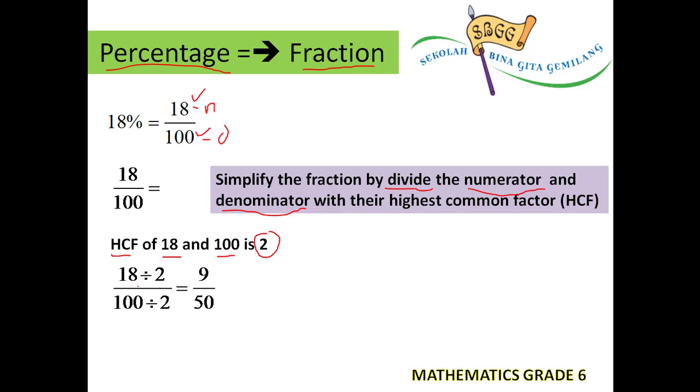So 18 as the numerator divided by 2, and 100 as the denominator divided by 2. 18 divided by 2 is 9 and 100 divided by 2 is 50. So the conversion of 18% to a fraction is 9 out of 50.